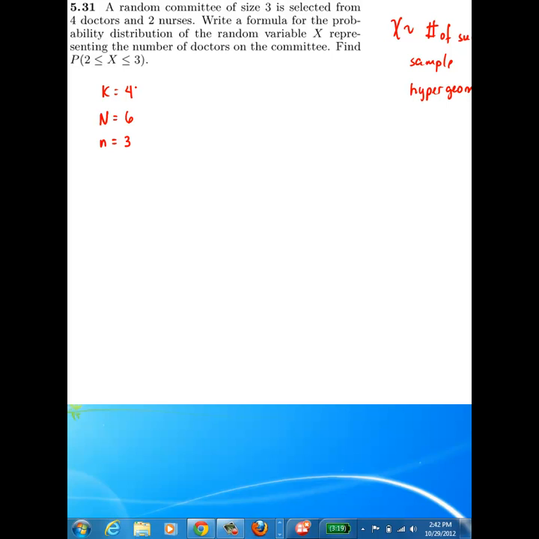So the first thing we have to do is to write the formula. Okay, so we know it's hypergeometric. So we can use the formula of the hypergeometric.